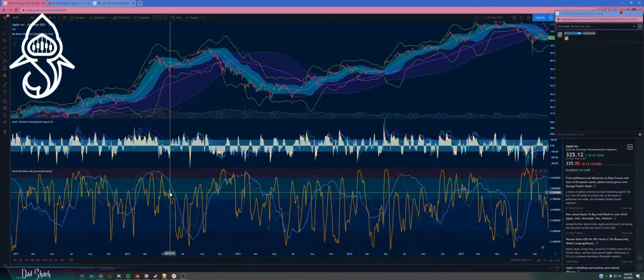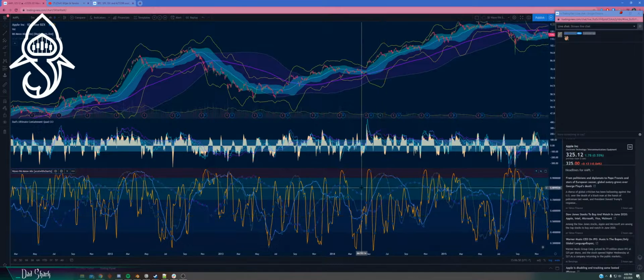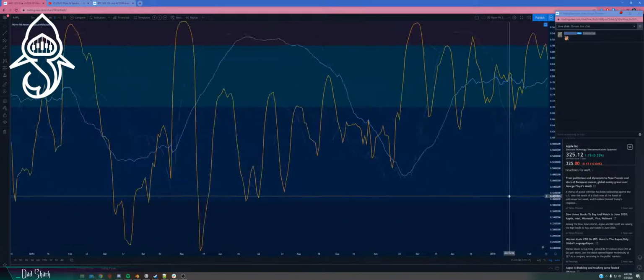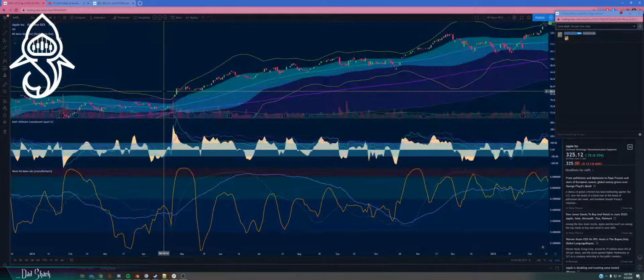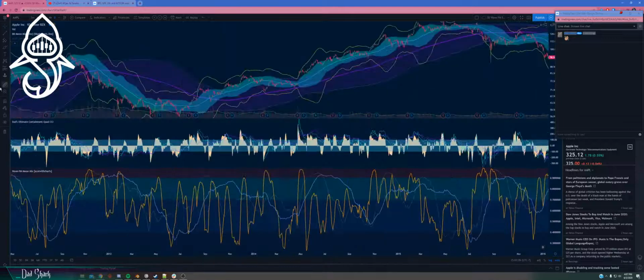Looking for every period below 0.7 here. Nice. Okay, we cross up above 0.7. What happens on this candle? We begin a sustainable trend for 60%.